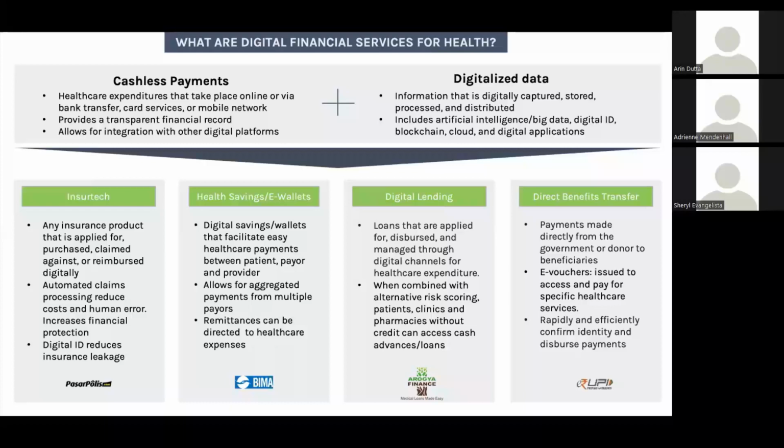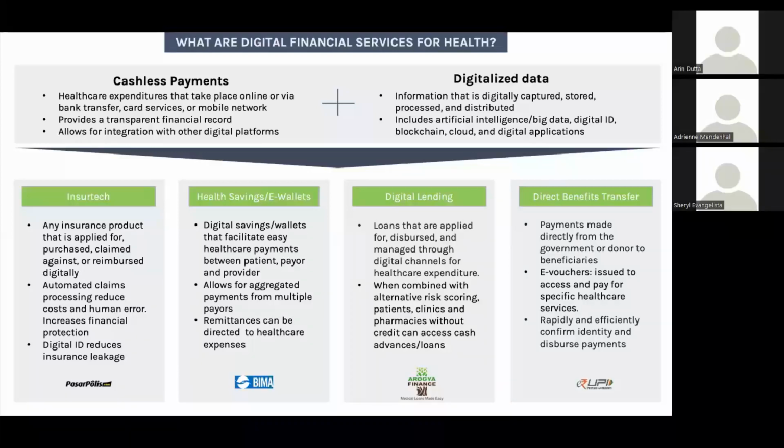Cashless payments can include more legacy systems, such as a bank transfer or card services, but increasingly it includes online banking and mobile networks, and the benefit of these is that they provide a transparent financial record. They also act as a platform through which, of course, data flows. As we know, the world is moving in leaps and bounds in how we capture data, how we store it, how we process it with tools such as artificial intelligence and big data, and how we distribute that data as well.